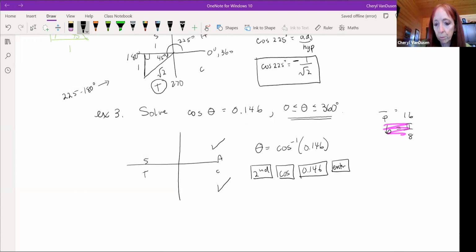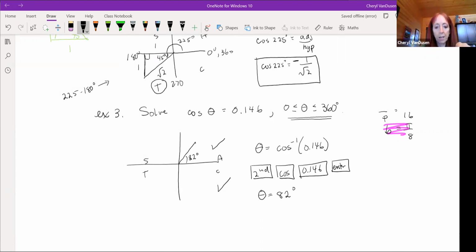So those are your calculator buttons if you're just getting back in the swing of cosine. And we'll round off to the nearest degree. So we get 82 degrees. So that's not too hard. That part of it's not anything new from say grade 10. So we can draw that. Again, diagrams don't need to be perfect. It's somewhere here, 82 degrees.